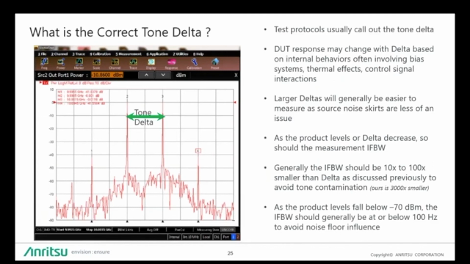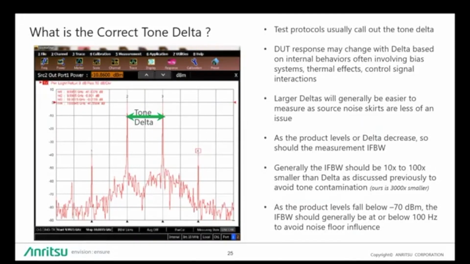So that brings us to a point. How do you set the tone delta? What is the correct value? What should be the difference between the two tones in terms of the frequency difference? For most devices, the test protocols usually call out for the tone delta.